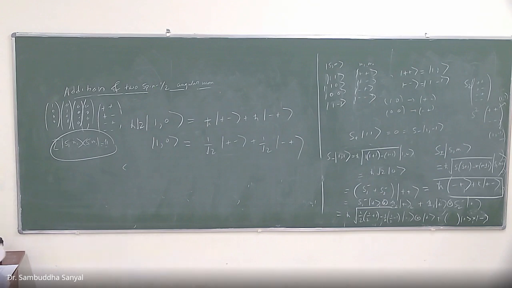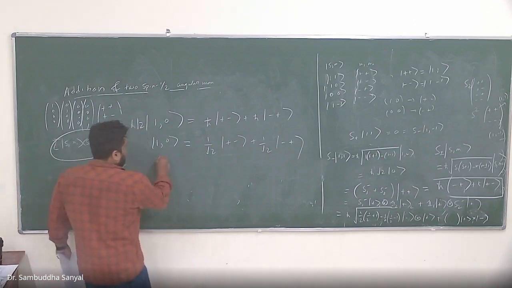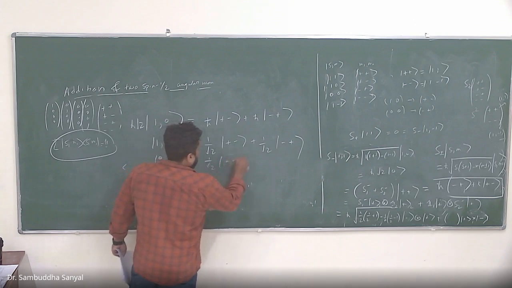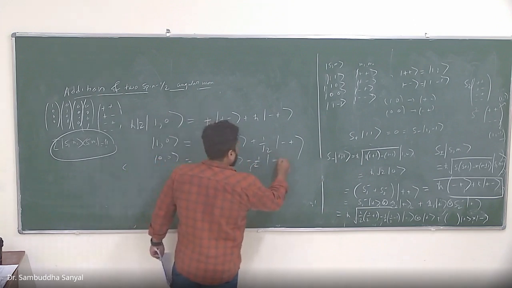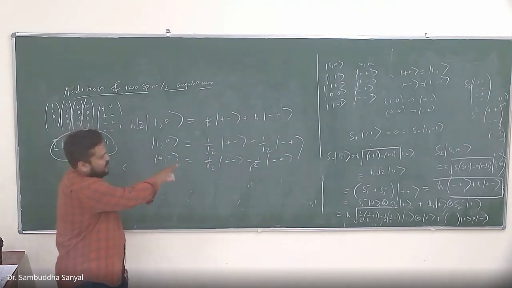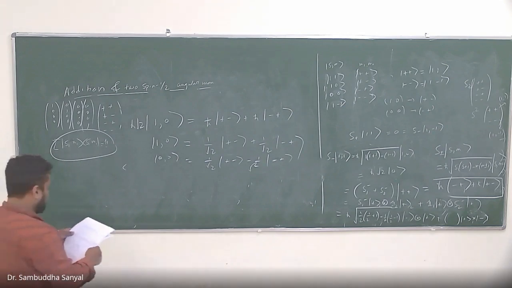Okay. Now I can play the same game and figure out the 0 0. It will become, this is your singlet. Okay. Up down minus down up. Okay. Now let me just write down everything in a familiar form.